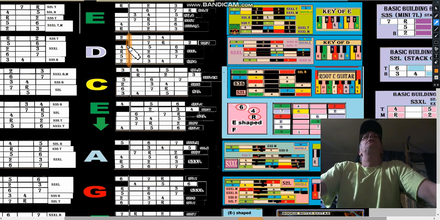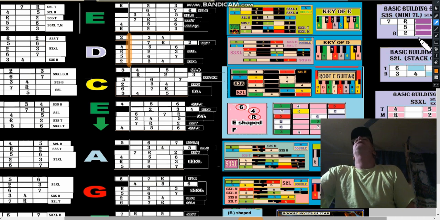So this is the fret nut here. This is the key of D now, because we put that fret nut here. Okay? And these are the patterns, this 2, 3, 4, 5, 6. Now we go into the long pattern, 5, 6, 7. Guess what? I do have the pattern there.